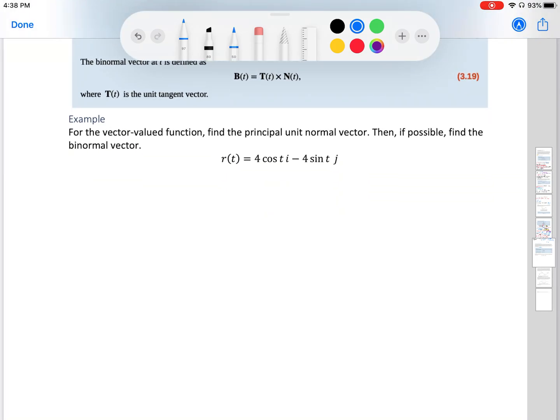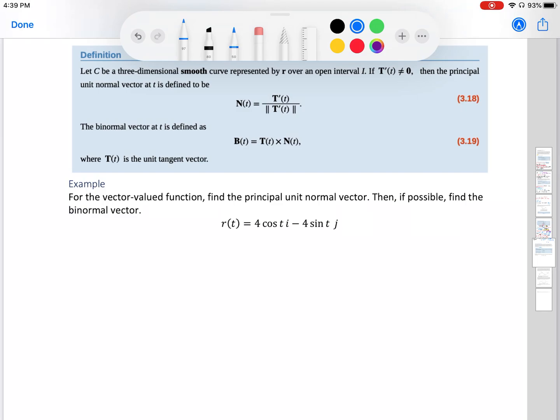Example: for the vector valued function, find the principal unit normal vector, then if possible, find the binormal vector. Okay, so to begin, to find the normal vector, we have N(t) is equal to T prime of t divided by the magnitude of T prime of t. But this is not our tangent vector, so we need to find that first.